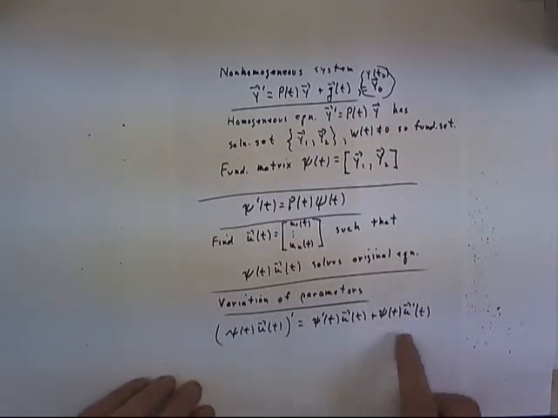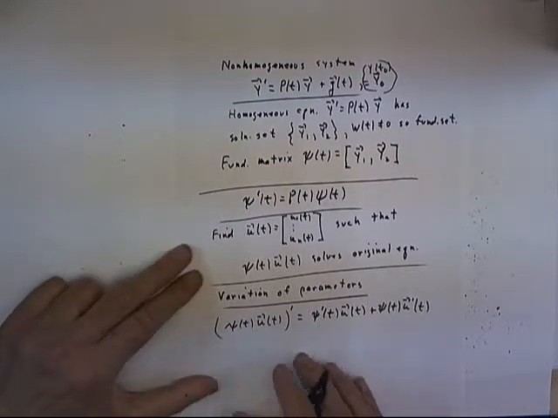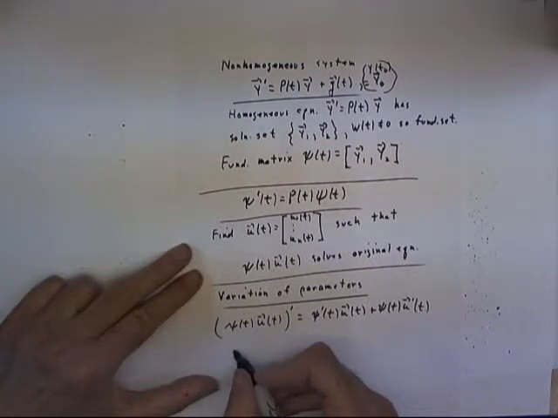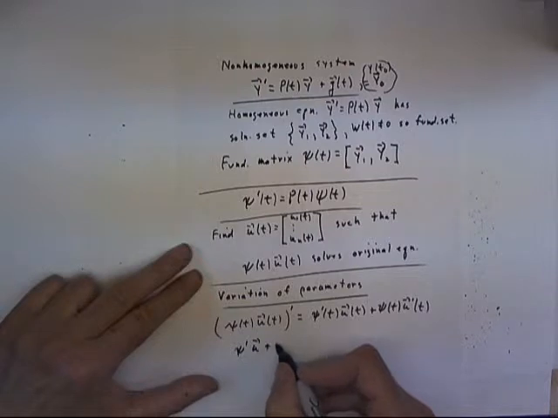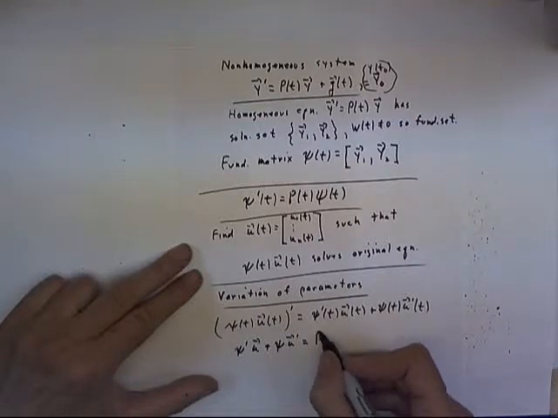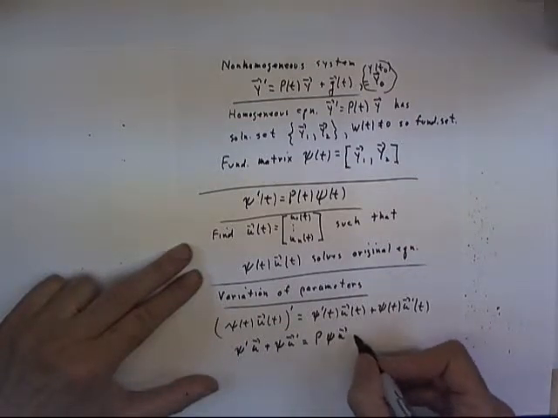For the moment, leaving off the t's, we understand that everything in the equation is going to be a function of t. We can write the non-homogeneous equation as psi prime u plus psi u prime equals P psi u plus g.